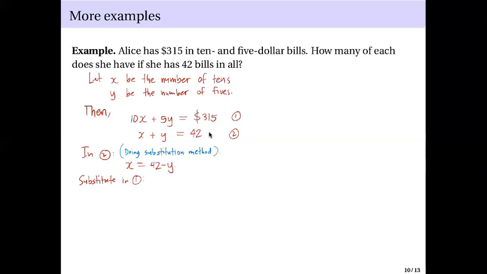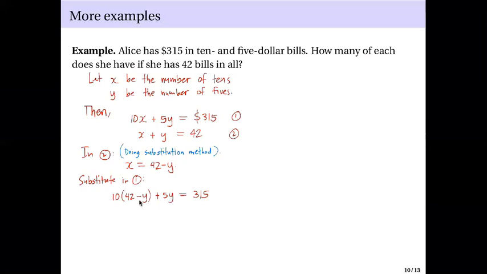What do we get? We have 10 times x, but x is 42 minus y, and then here you have plus 5y, and this is equal to 315. So now we are left with an equation with one variable, the variable y. All we need to do is to solve for the value of y.